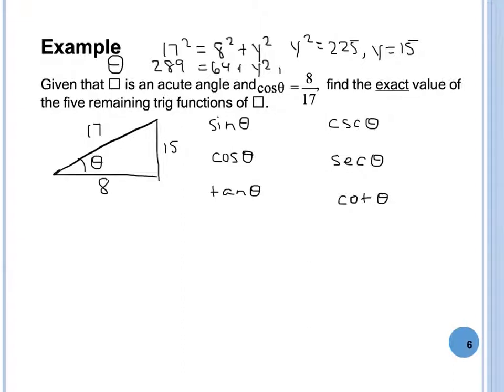Okay, so sine would be 15 over 17. Cosine, they told us already. Tangent, and then for my reciprocal trig functions, I need to flip my fractions. And there we have it.